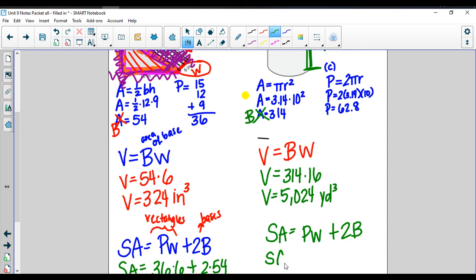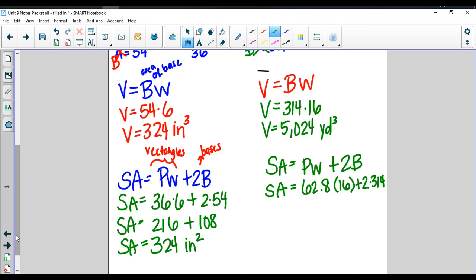So for surface area, we're going to plug in. Our perimeter is 62.8 times our W value of 16, plus 2 times our 314 for our two bases, because one base was 314. The first part I'm going to do is the 62.8 times the 16. That's going to give me a surface of 1004.8.